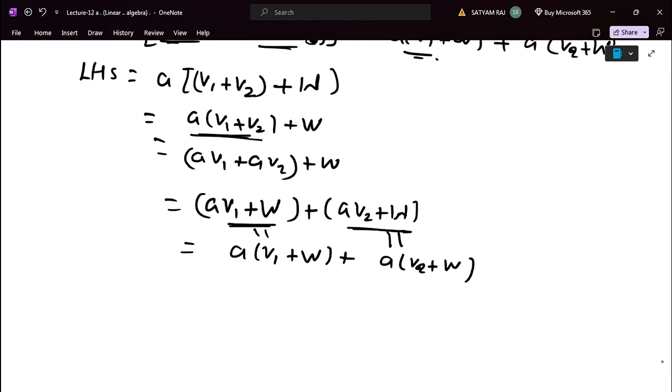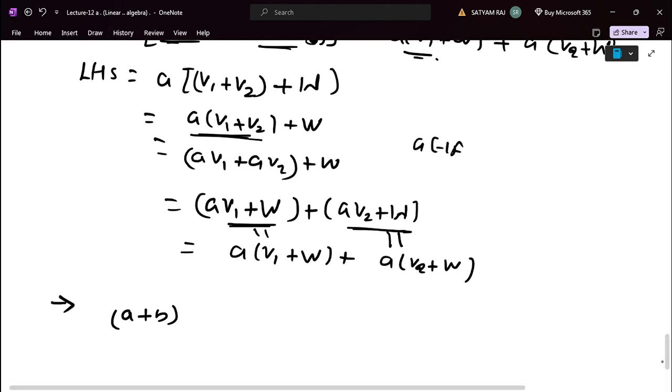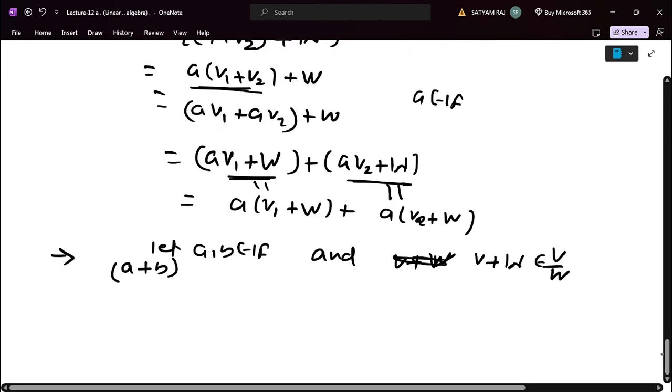In a similar manner, one can prove that a plus b, where a and b belong to the field. So for this property, let a and b belong to the field and v plus w belong to V by w.